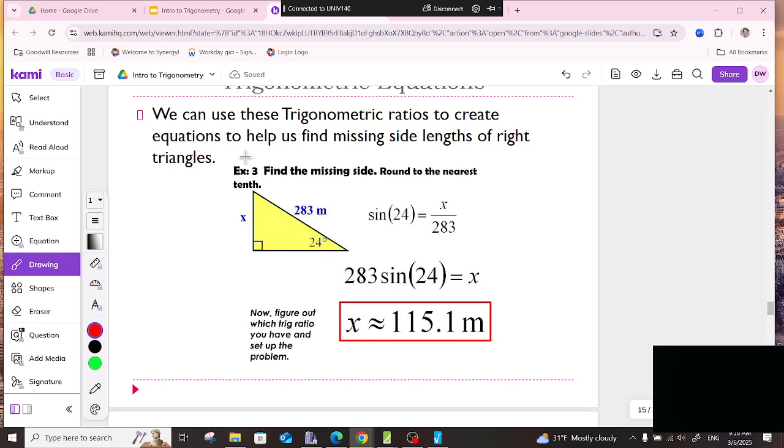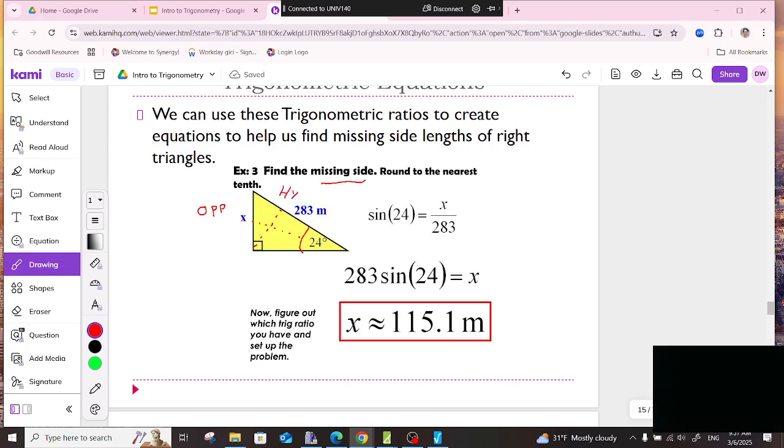So sine of 24. So I have this, right? And the example says, find the missing side, and it wants x. I know that if I label from here, right, what's x considered when I'm labeling? What side is it? This is opposite. What is the hypotenuse?